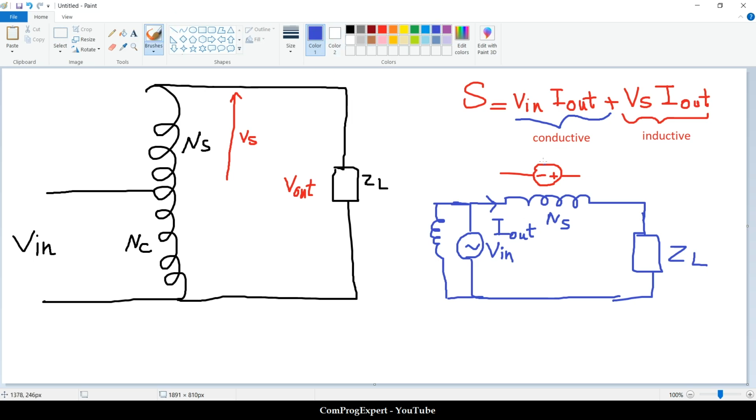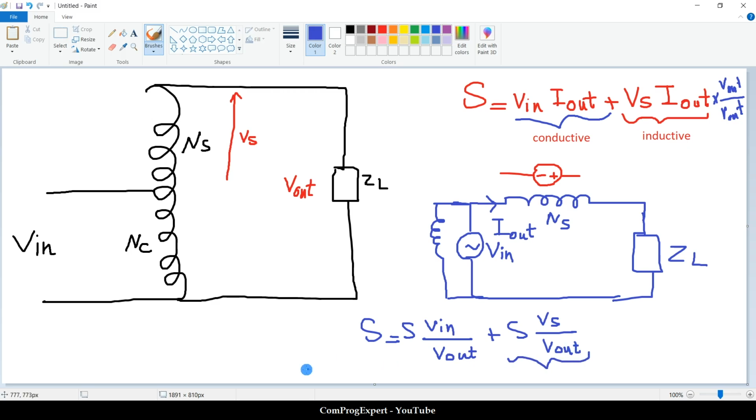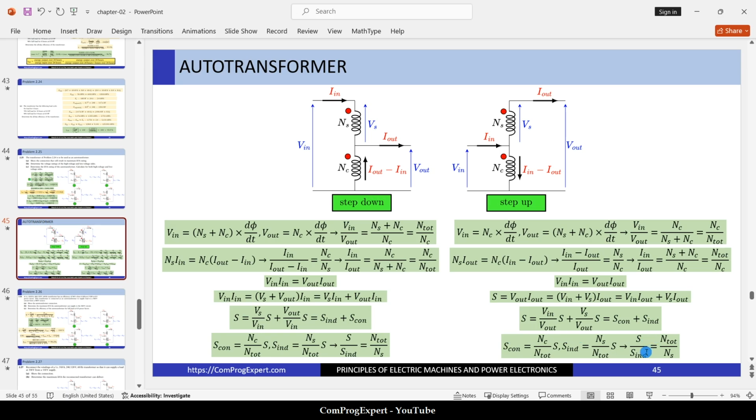If we multiply by V out divided by V out, we have S equal to S times V in divided by V out, plus S times Vs divided by V out. This one is the inductive portion, and this is the conductive.